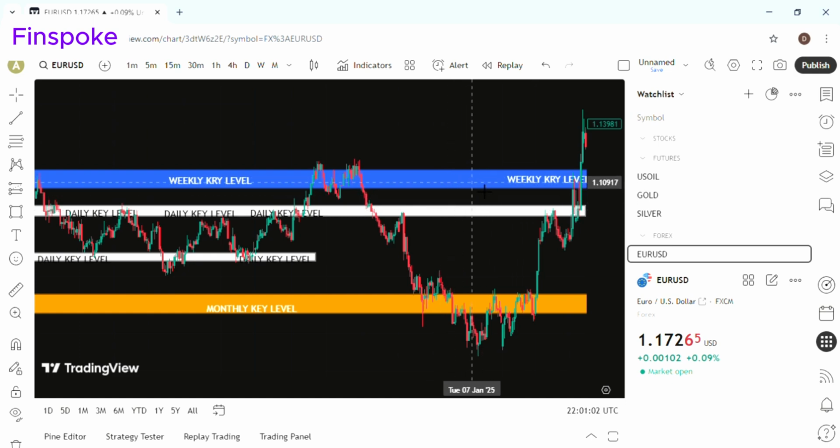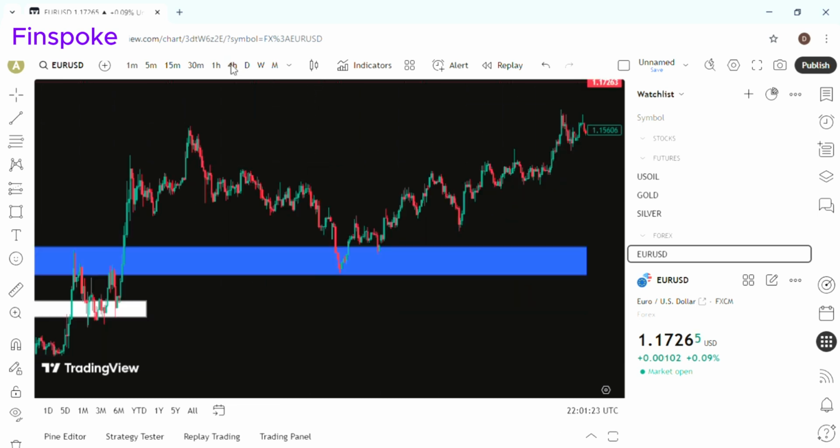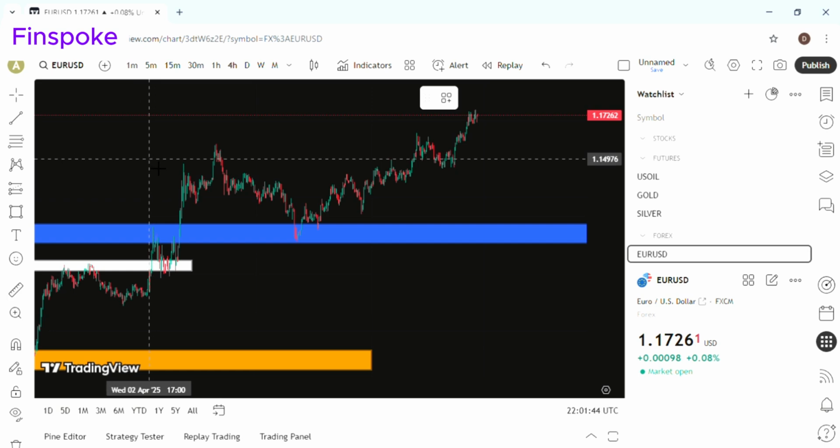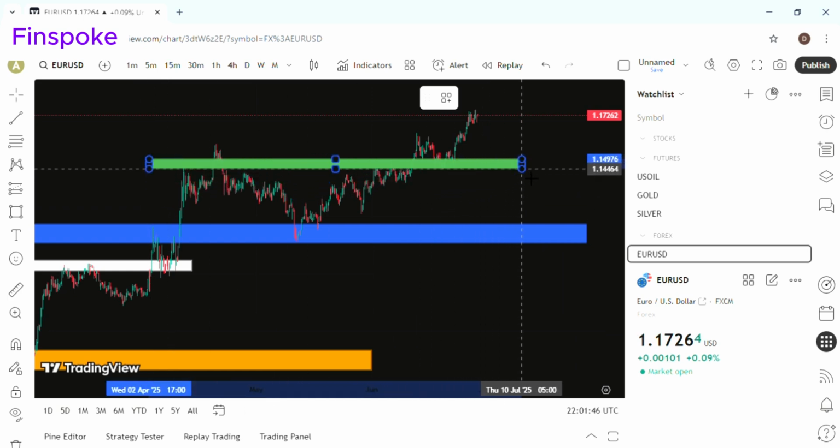So this presents an opportunity for you to know what to do per time, especially when the price gets to a resistance level or a support level, as the case may be. Now we come to the 4-hour chart. These are obvious key levels too, where price reacted.